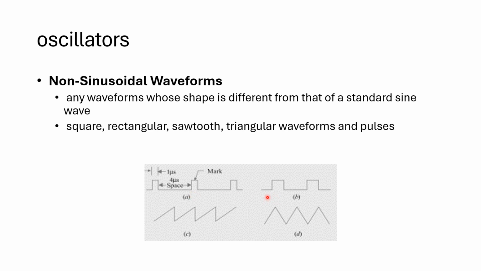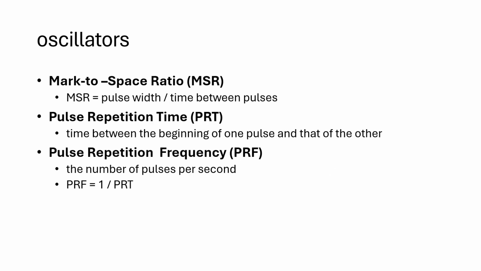We have a square wave if the space and the marks are equal. And we have rectangular when your mark is wider compared to your space. So we have different terms here regarding our mark and space.